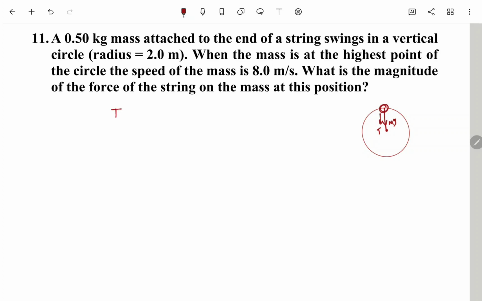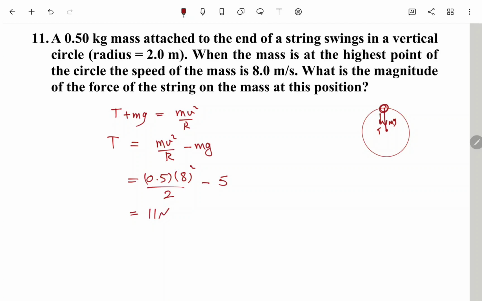So tension plus mg equal to mv squared over r. In this case here, tension, it's equal to mv squared over r minus mg. By substituting numbers, you will find 0.5 times 8 squared divided by 2 minus 5, and it's equal to 11 newtons, and this is the tension.